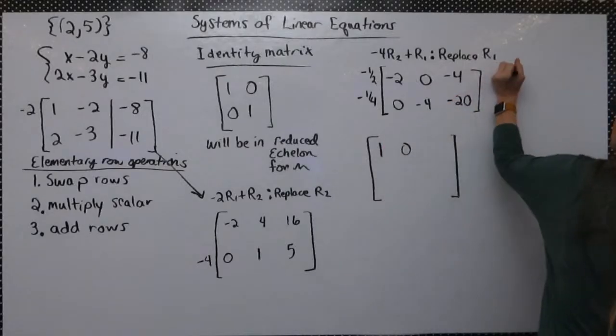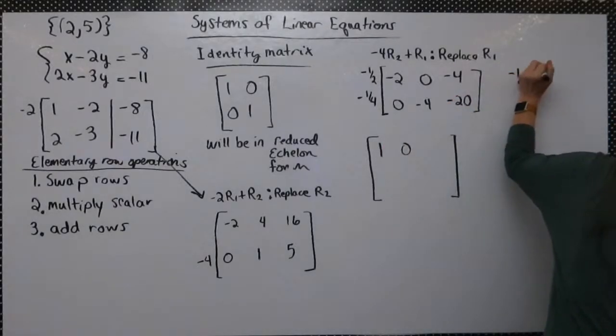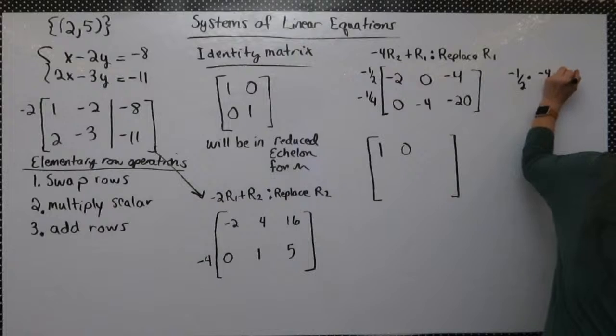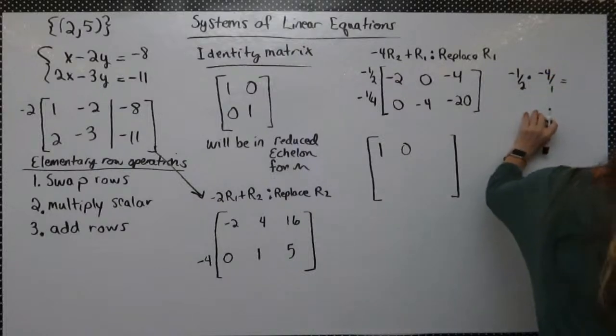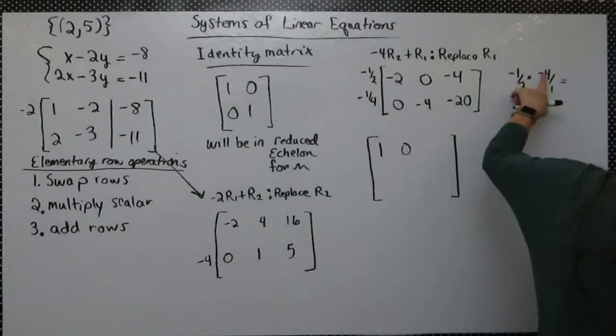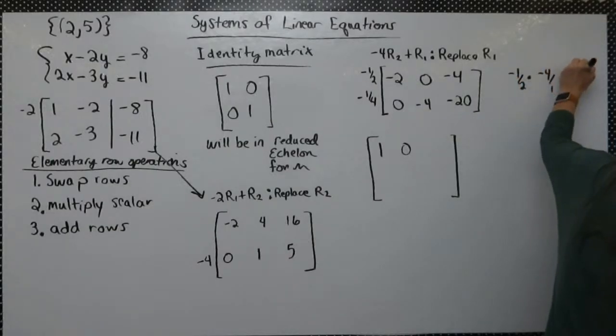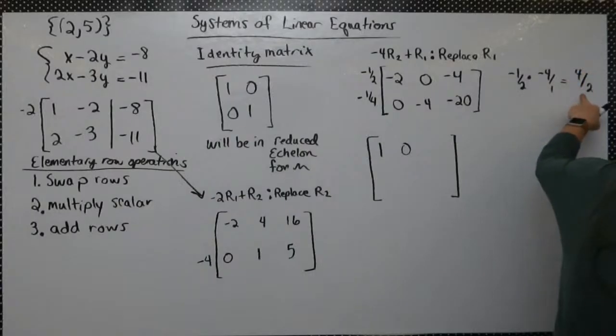And then we'll figure out what -1/2 times -4/1 is. So you're just multiplying numerators and denominators. You got -1 times -4 is 4, and 2 times 1 is 2. 4 divided by 2 is 2.